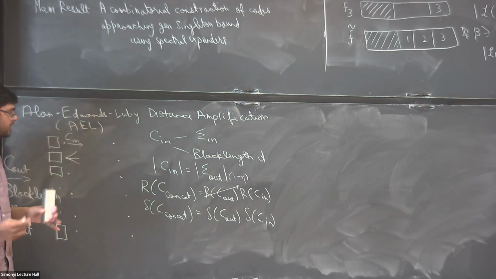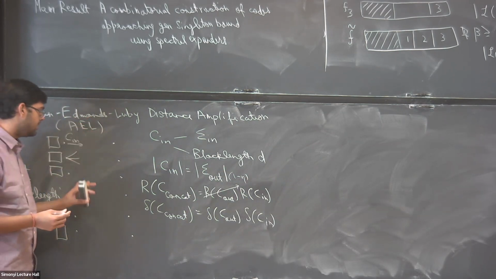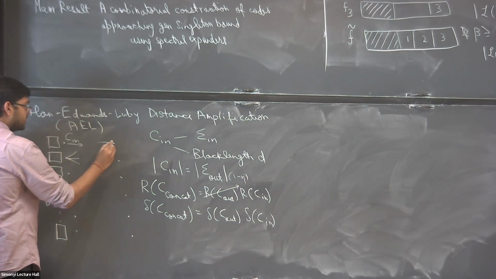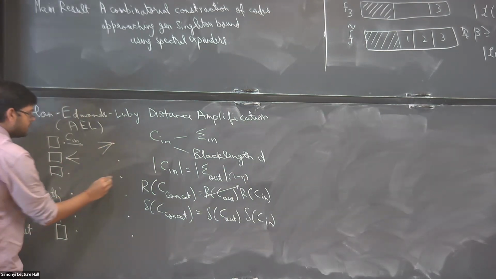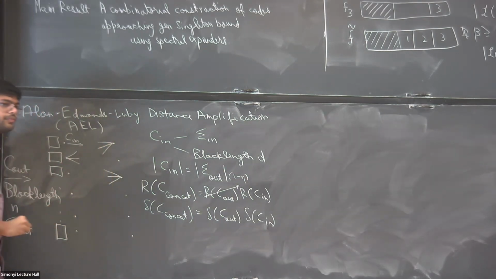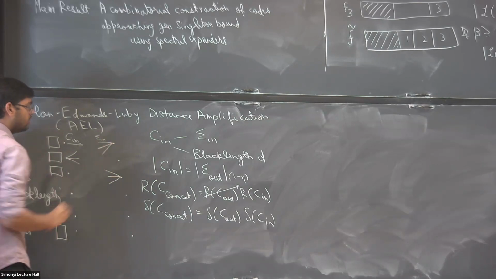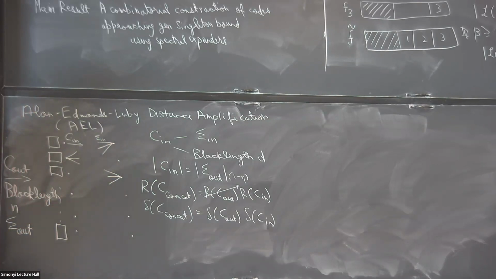So what this AEL construction does is it does one more level of processing using the graph. Now we look at the right vertices. There are a bunch of edges incident on it. And we call all of the sigma in symbols that we see on a particular right vertex a single large symbol.